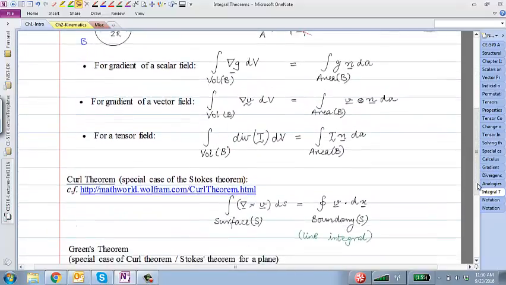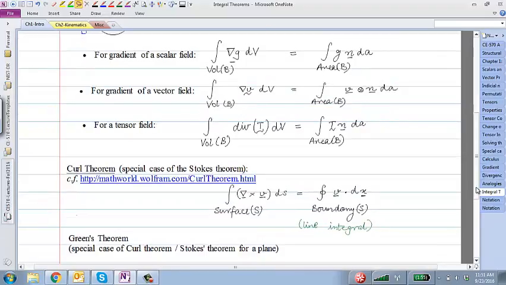So related to that, there are some other integral theorems also that are very useful. We looked at the divergence theorem for a vector field. There is an integral theorem for the gradient of a scalar field. Gradient of a scalar field gives me a what? A vector field.